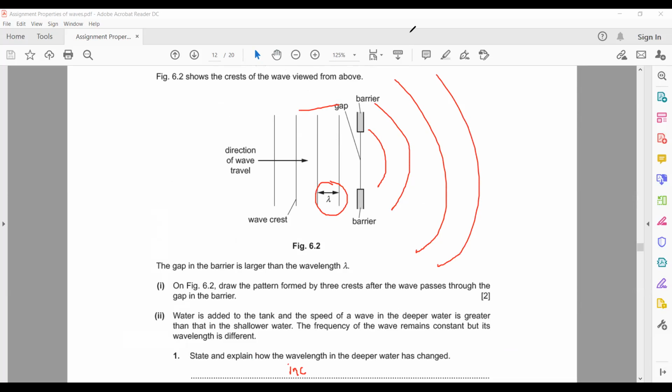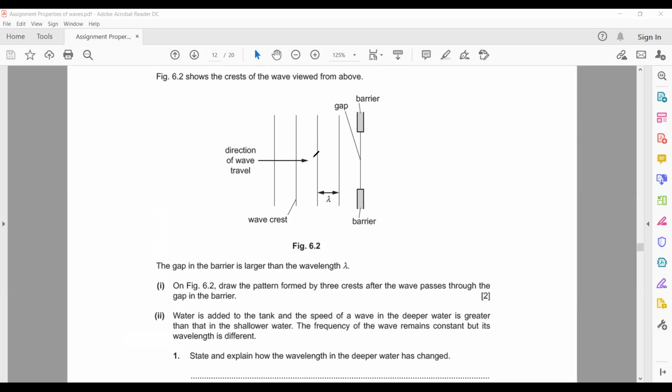Is it clear? Because this is a related question. In the first question, the wavelength was smaller, so small diffraction occurred. But as it passes through a deep region, the wavelength will be greater, approximately equal to the gap size. So we'll observe curved wavefronts or maximum diffraction.